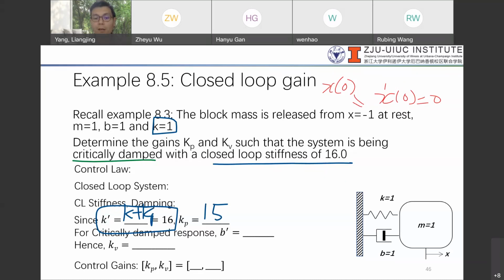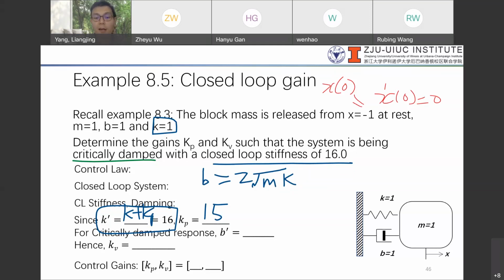Okay, and to find our critically damped response for this b prime, the closed loop damping, we need to use the condition for critically damped. Remember you're going to have this b equal to 2 square root of mk, right? All right, so now you can solve for your b prime as well, with your m and k.